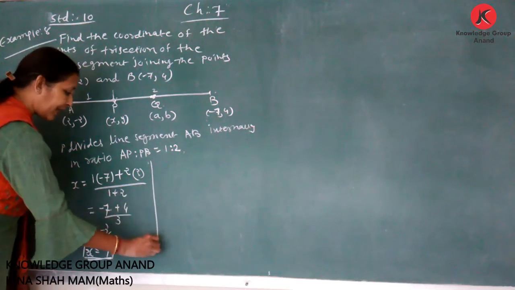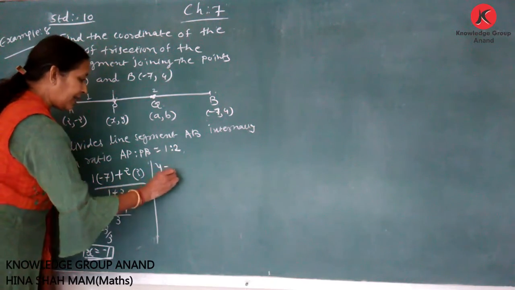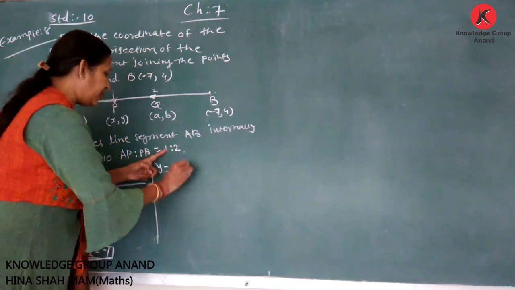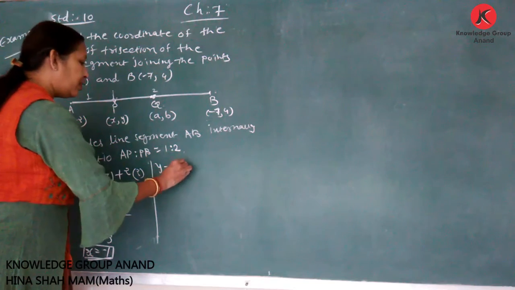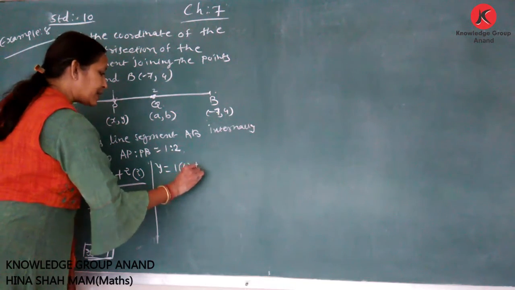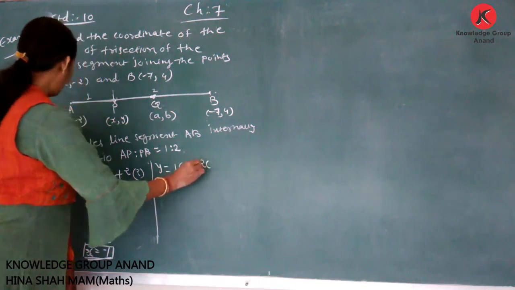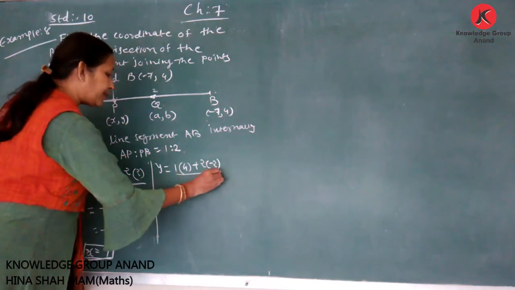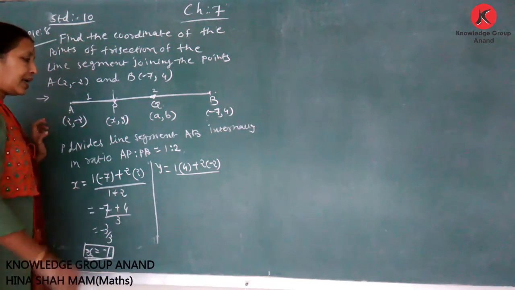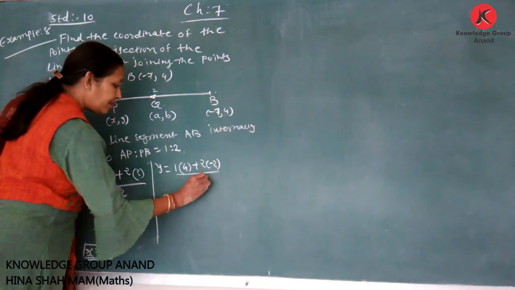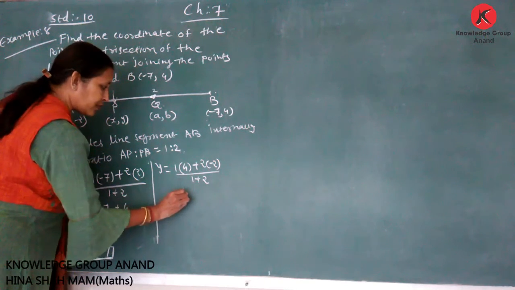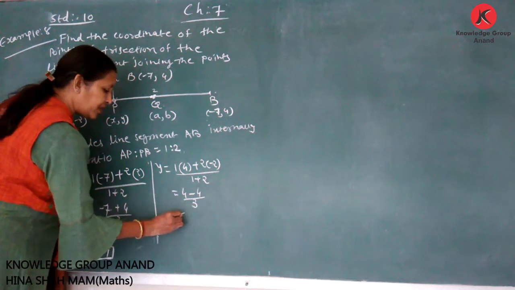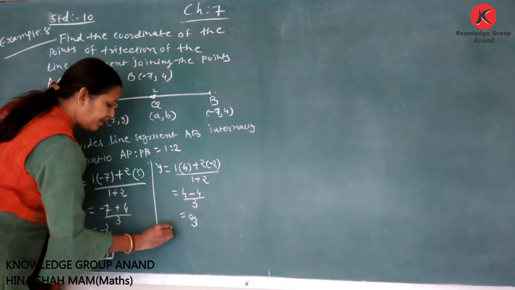Now we find the y coordinate. y is equal to (m1 y2 + m2 y1) upon (m1 + m2), which is (1 into 4 plus 2 into minus 2) upon (1 plus 2), equals 4 minus 4 upon 3, equals 0 by 3.